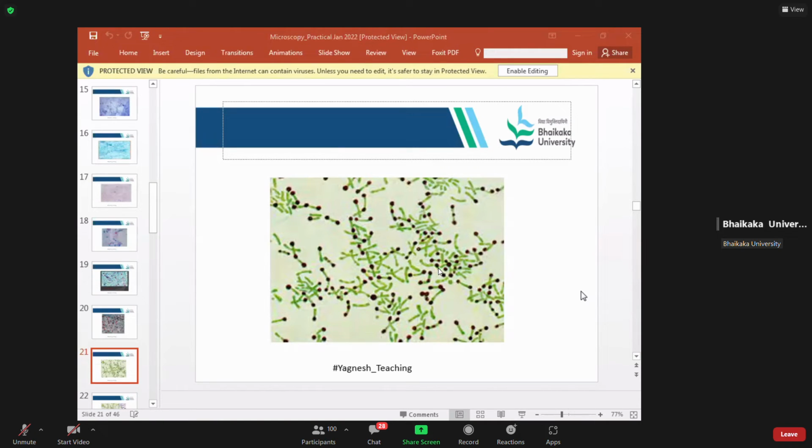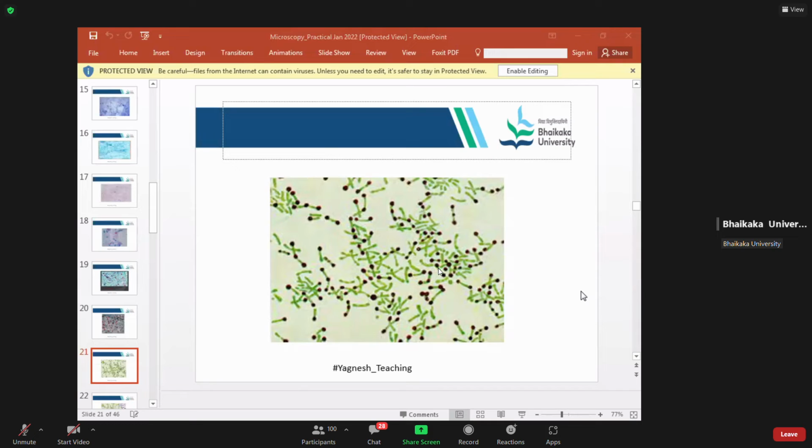Now Albert stain, where there is a safety pin appearance or matchstick appearance, where the organism shows violet color granules seen at one end of the bacilli, or at the two ends of the bacteria.